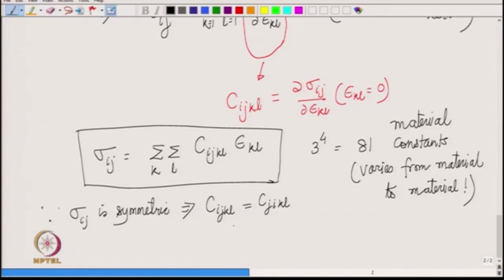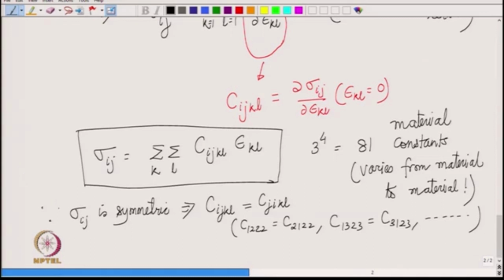So, this means C1222 should be equal to C2122, C1323 should be equal to C3123, and likewise for all of them. Only then the stress will come out to be symmetric, and we want the stress to be symmetric. No? So, we will work for a constitutive relation which gives me symmetric stress matrix.